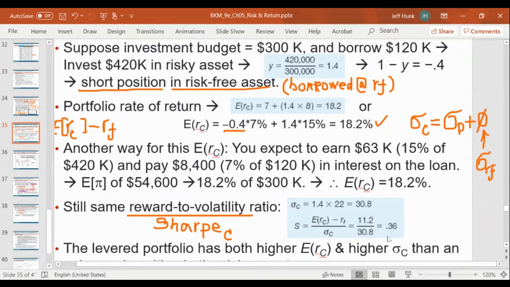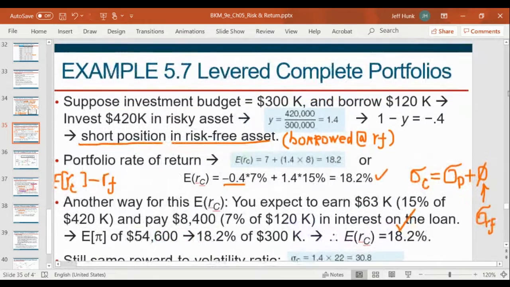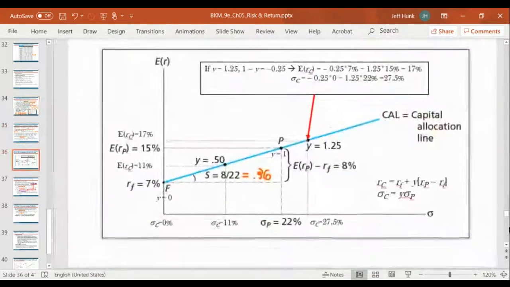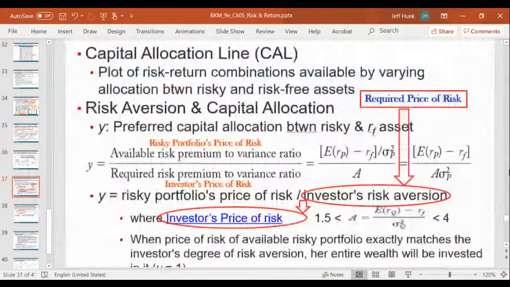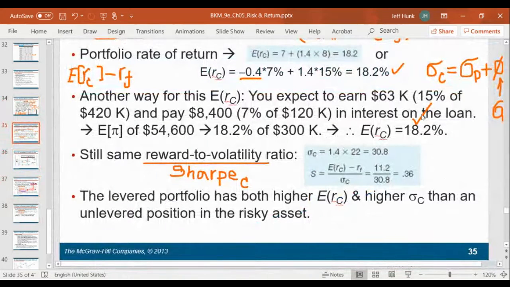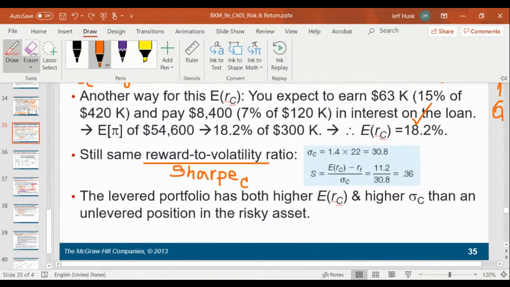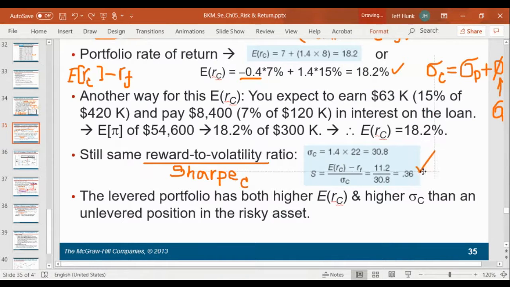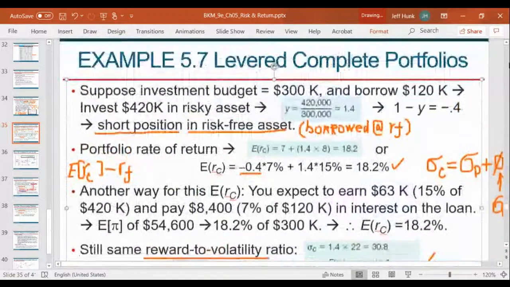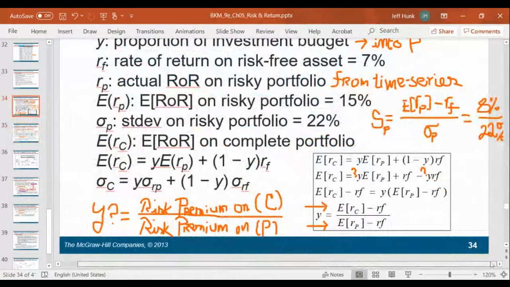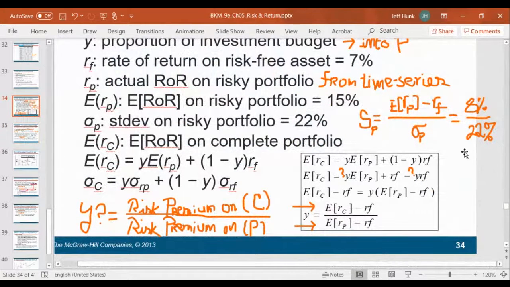This comes to 0.36. And you run this number, you calculate it, it will come to exactly 0.36, right?